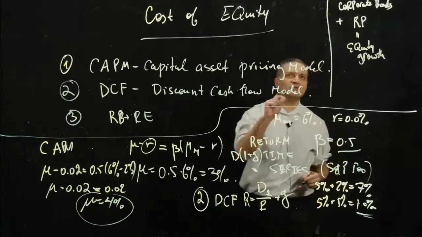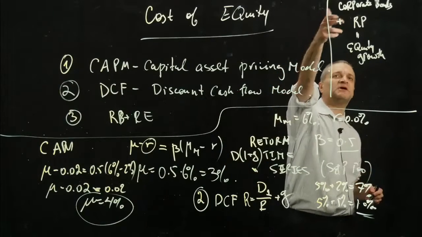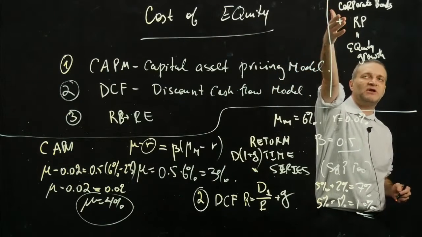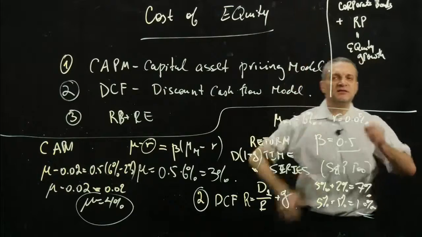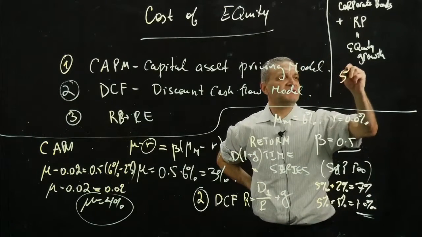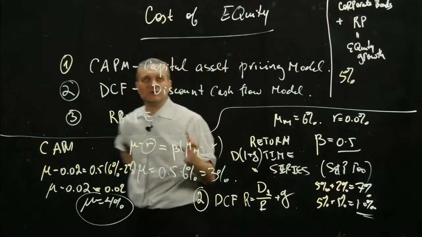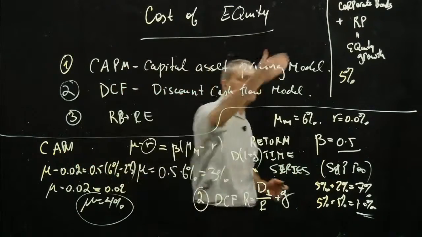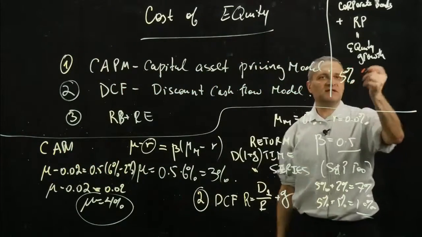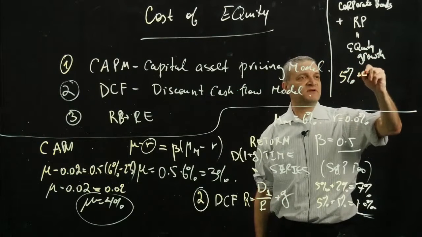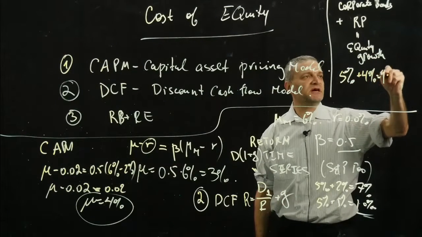So when you do that, let's say the corporate bond yield is 5%, and you determine that your equity premium for these bonds is, let's say, 4%. So 5% plus 4% is going to be 9%.